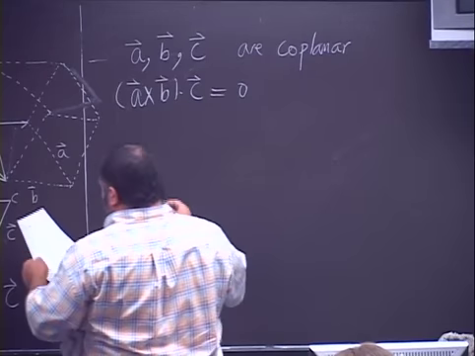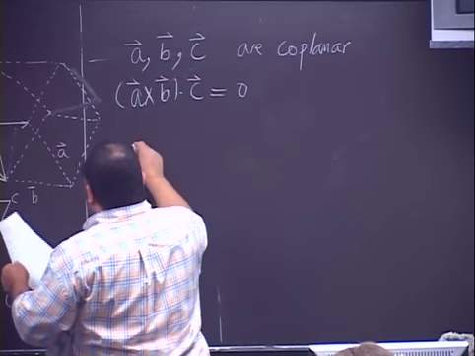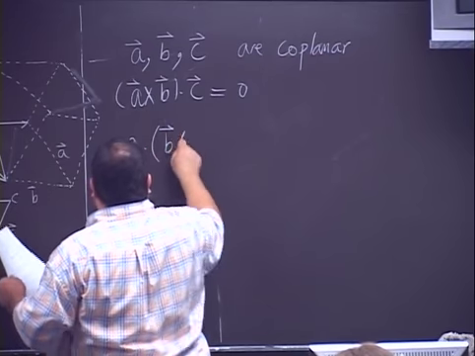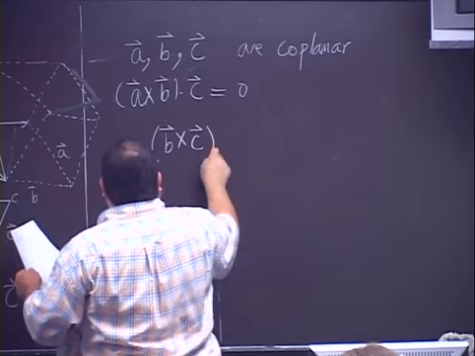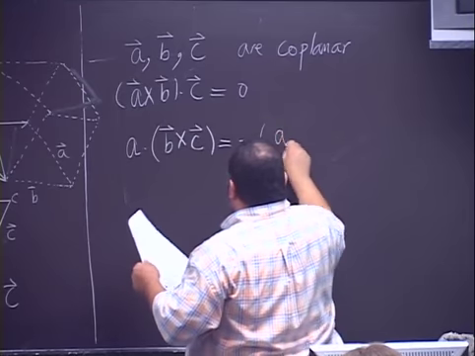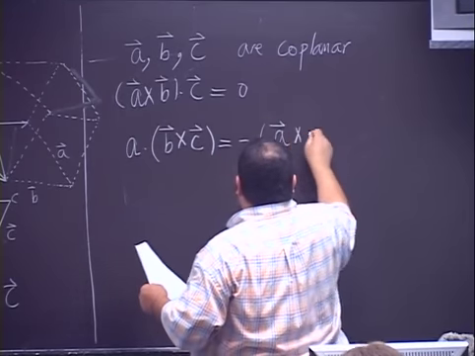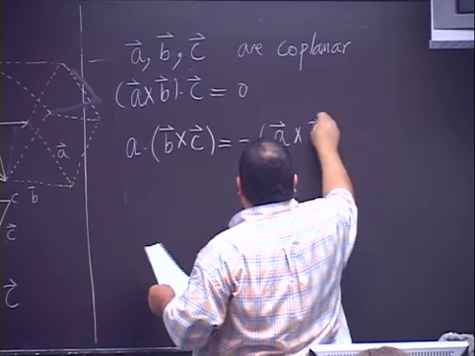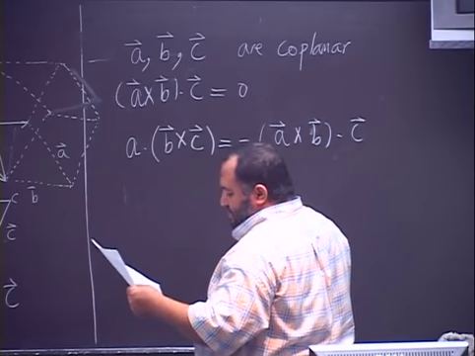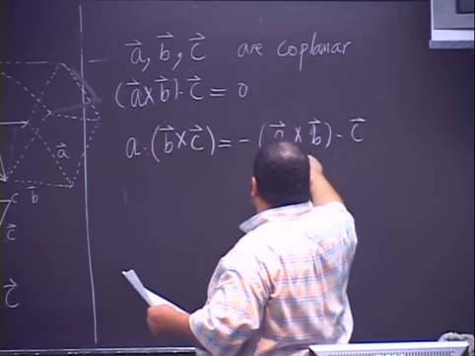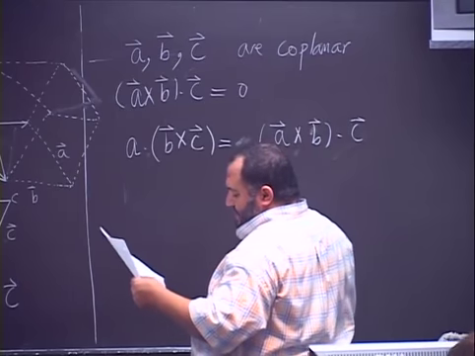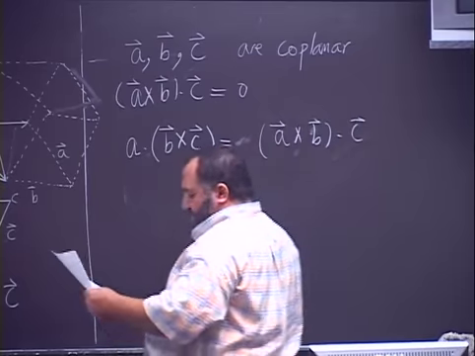There is another property which is A dotted with B cross C is equal to negative A crossed with B all dotted with C. So what we did here is just we changed the dot with a cross product. So you can interchange without changing any results.